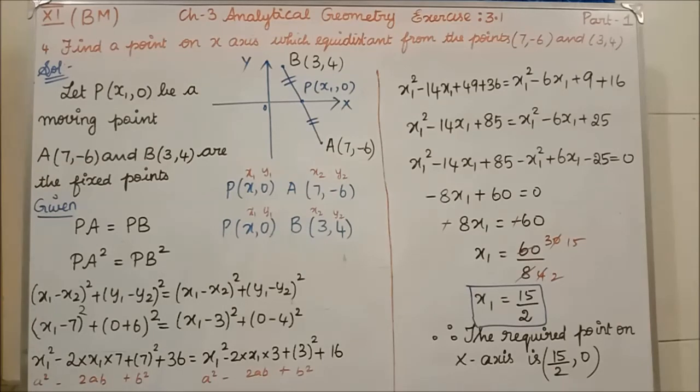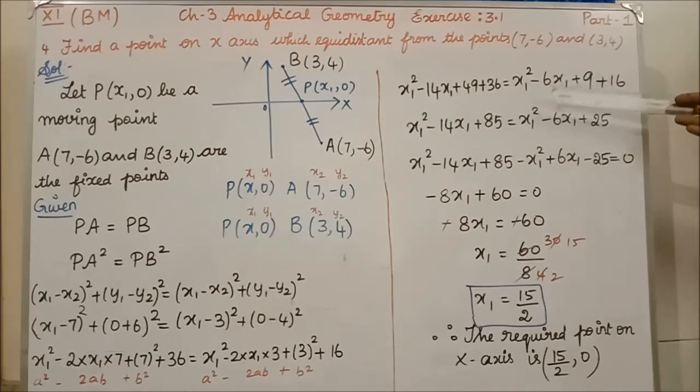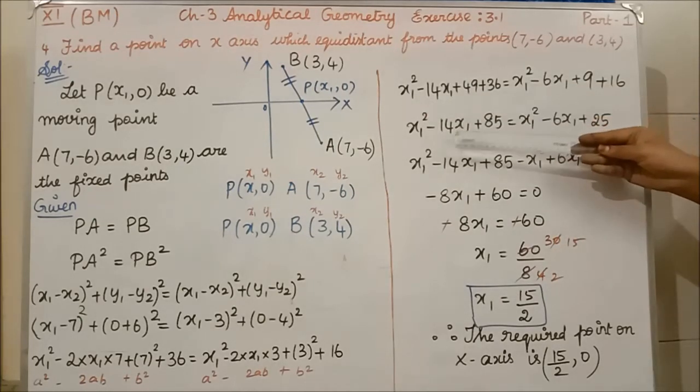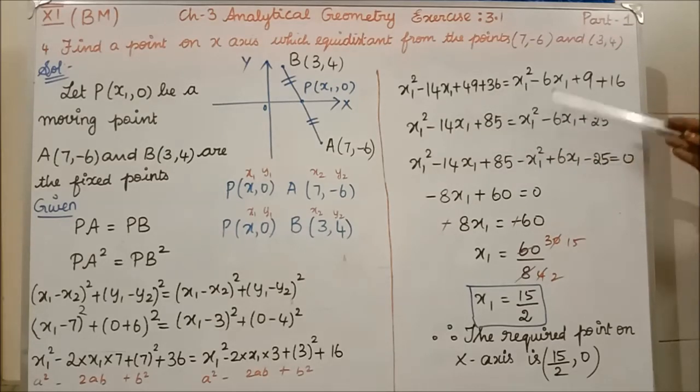So the next step, I am multiplying and writing x1 square, 2 into 7, x1 into 7 is 14, x1 plus 7 square is 49 plus 36 is equal to x1 square minus 6x1 plus 3 square is 9 plus 16. The next step: x1 square minus 14x1, 49 plus 36 is 85, x1 square minus 6x1, 9 plus 16 is 25. Clear?